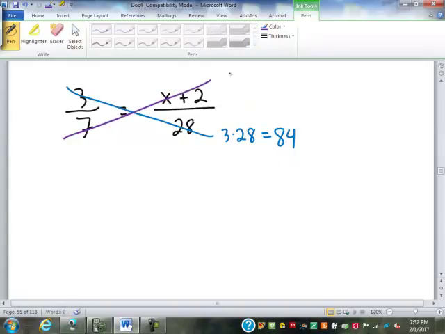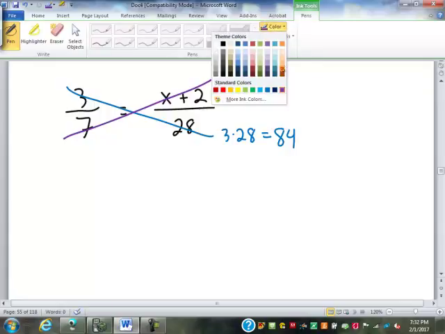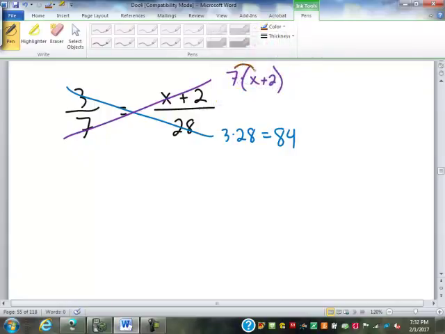Cross multiply this way, it's 7 times, now I have to put it in parentheses, x plus 2. Well, 7 times x is 7x. 7 times 2, positive 14. So 7x plus 14 has to equal the 84.